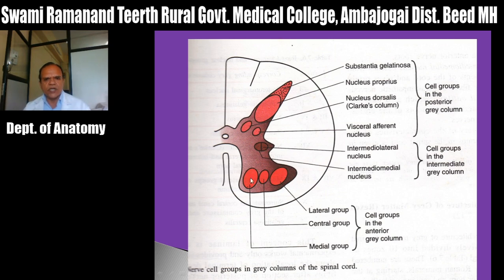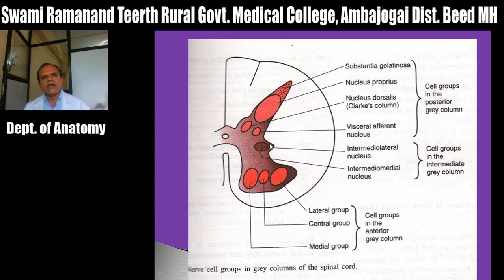So this is the anterior horn, then this is the lateral horn. The lateral horn has two parts: the intermediolateral group and the intermediomedial group or nucleus. Where does the lateral horn extend?